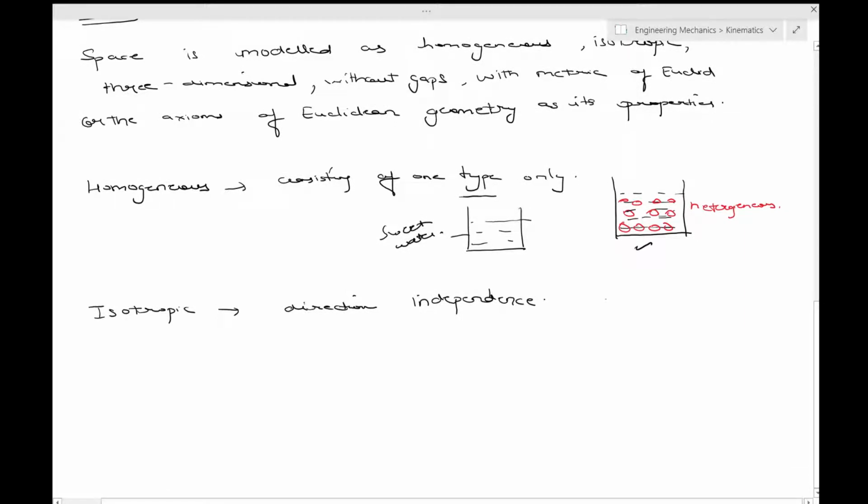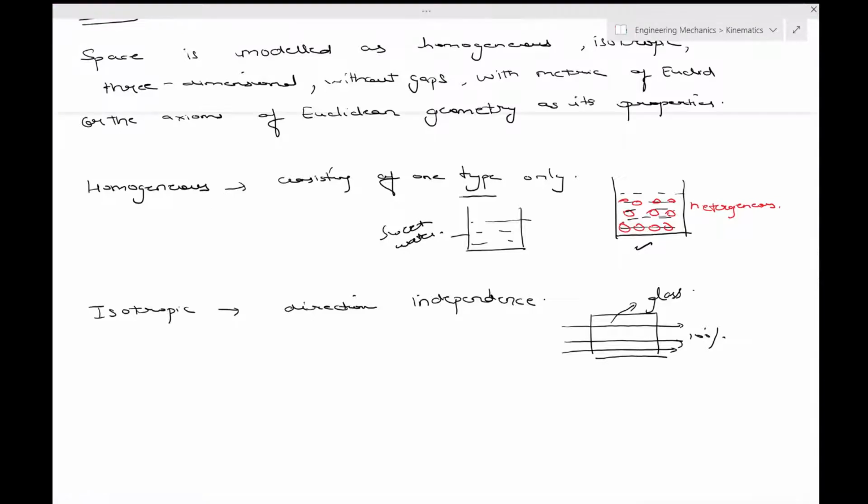Think of a simple example. Say you have a piece of glass, and this glass is such that it allows 100% of the light to pass in this direction, but it only allows, say, 50% of the light to pass in this direction.